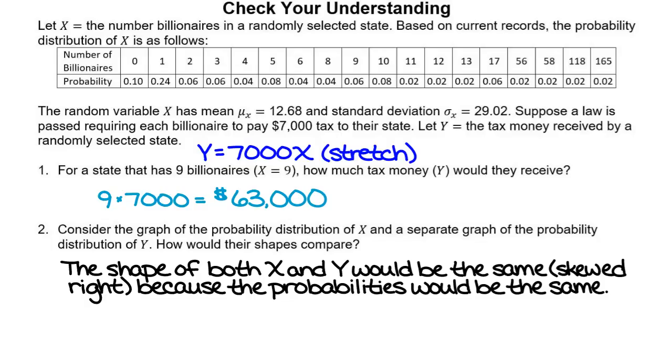What would the mean amount of tax money be? How would I calculate the mean amount of tax money? I know the mean amount of billionaires, that's right there. Multiply it by 7,000. What about standard deviation? Do the same thing. Take it and multiply it by 7,000.